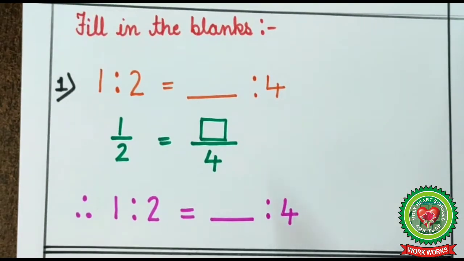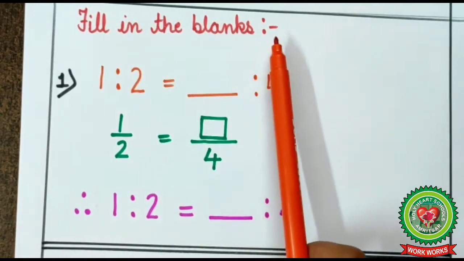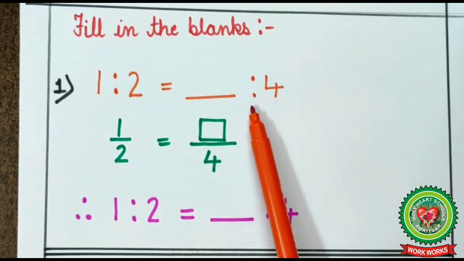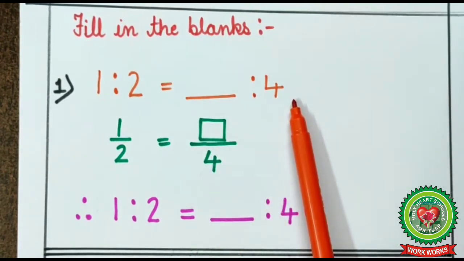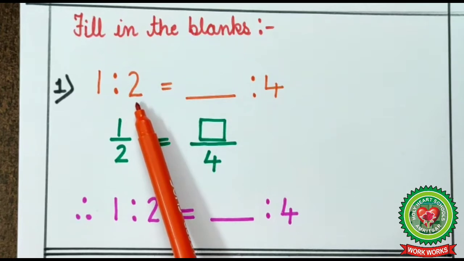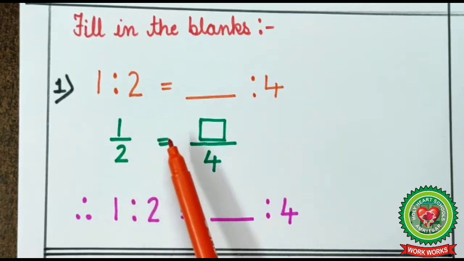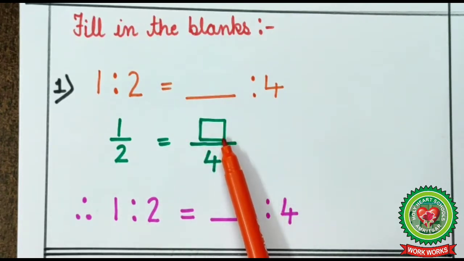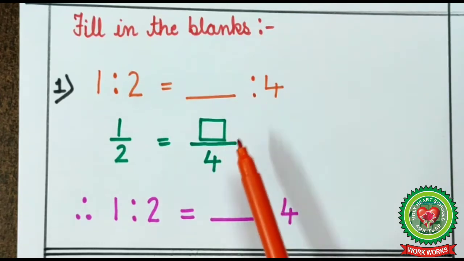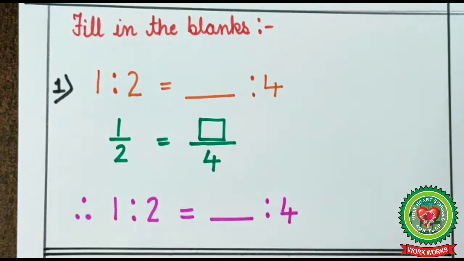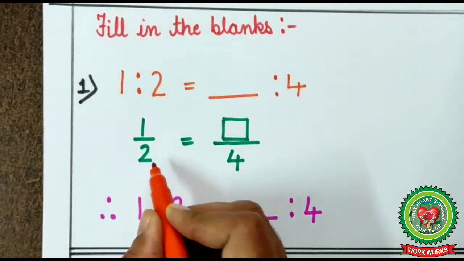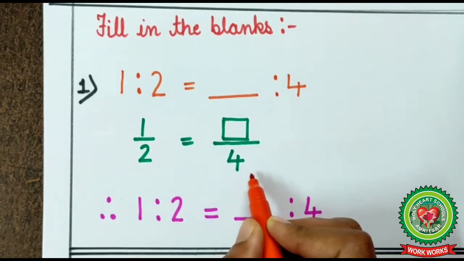Whenever question will come, fill in the blanks. 1:2 equals to blank ratio 4. First of all, express it as fraction form. 1/2 equals to, at the place of blank you will put box upon 4. Now, you will see here in the table of 2, where 4 will come?